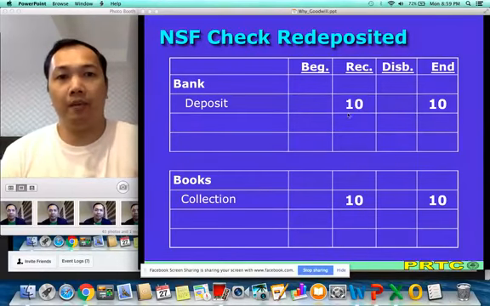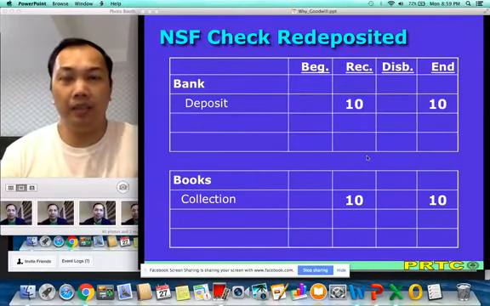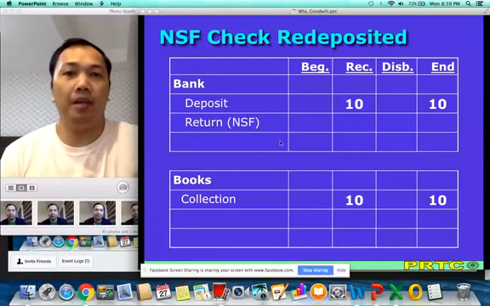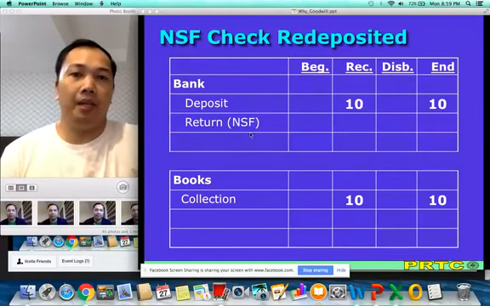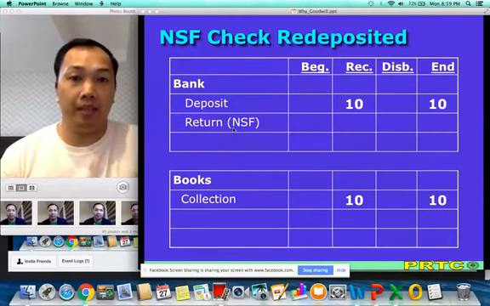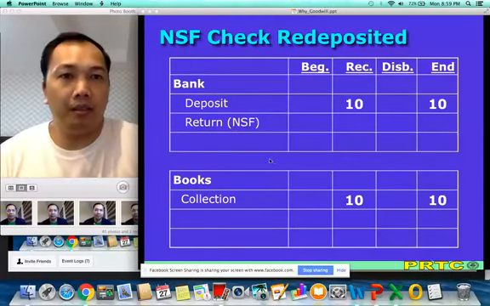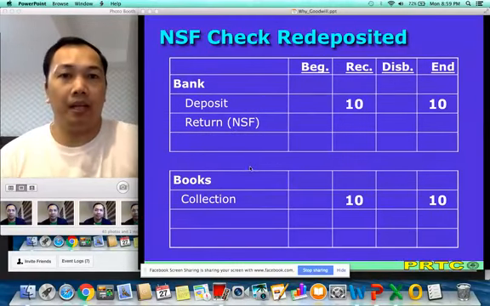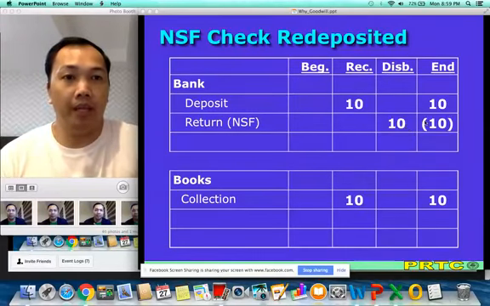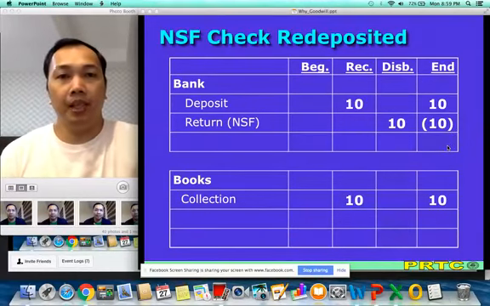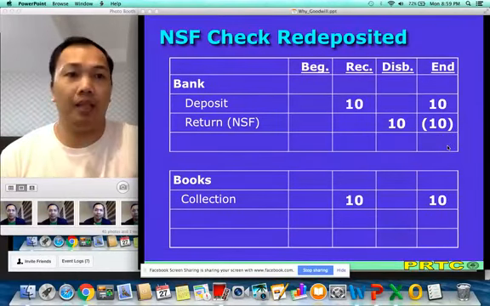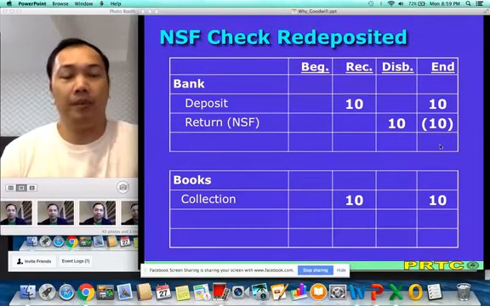Yan palang nakolekta na yan na cheque, NSF. So anong ginawa ng bangko? Ibinalik. May tatak na NSF. Pinawasan yung account ng company, so nandito yan sa disbursements, then deduct from ending. In most cases, hindi na yan nare-redeposit.